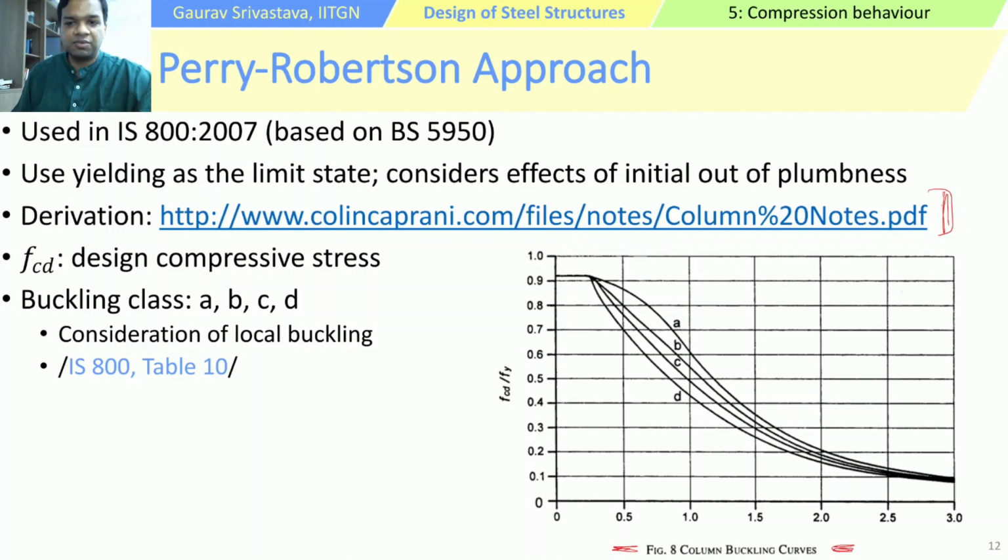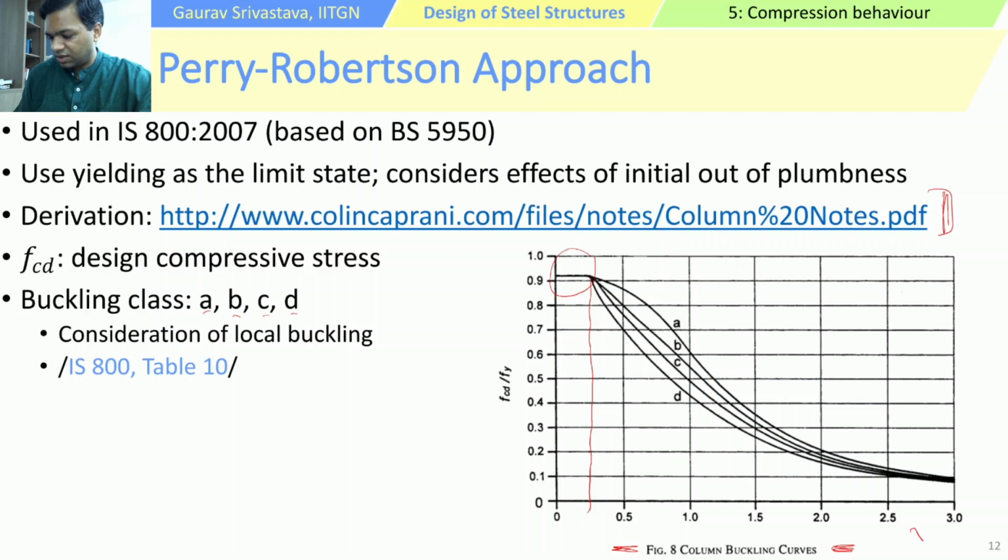So this is given as figure number 8 in the IS 800. And one thing which is also noticeable here is that these curves are defined or divided into 4 different buckling classes. These are classes A, B, C, and D. Now, the buckling classes are defined based on local buckling, which we will see in the next session. But one thing to notice here is that again in the initial portion, lambda bar less than 0.2.